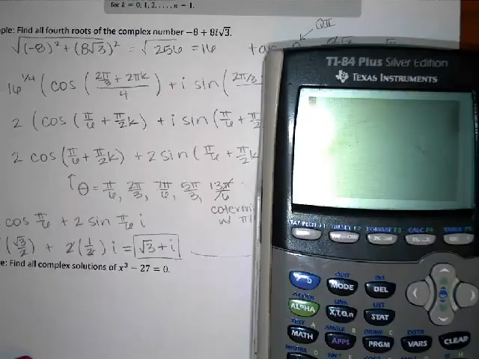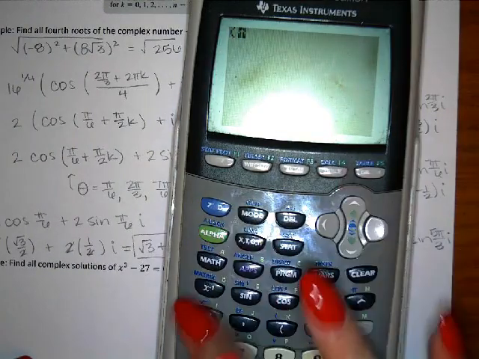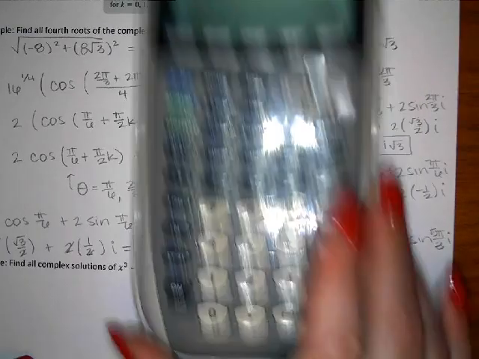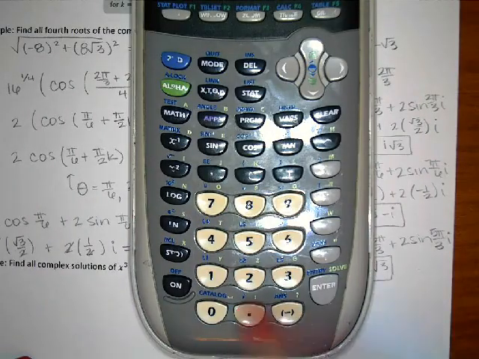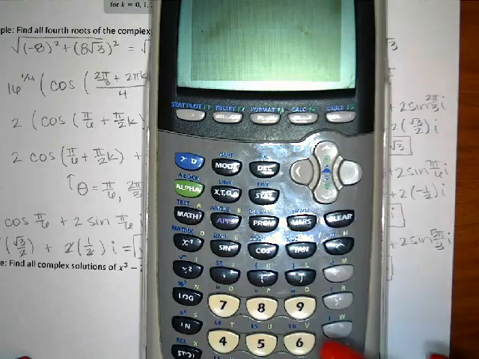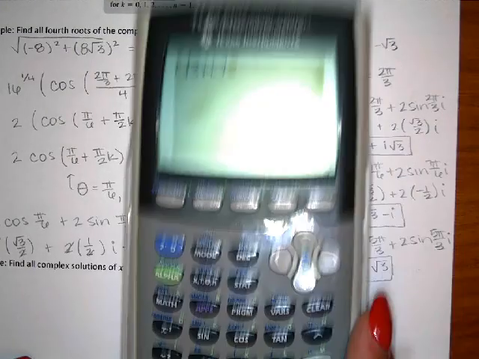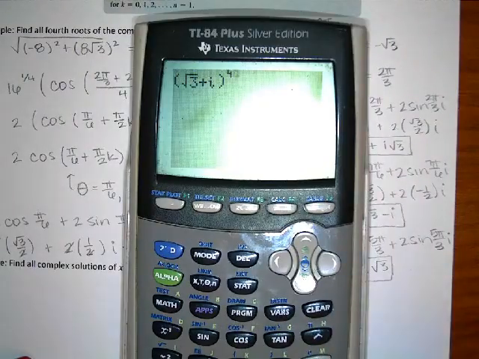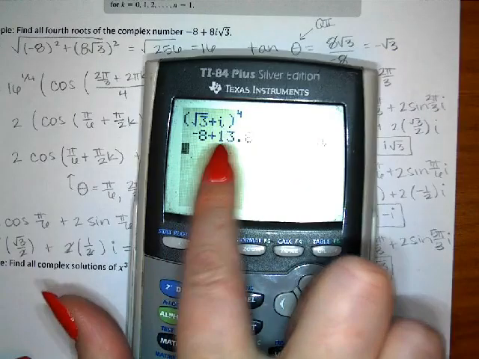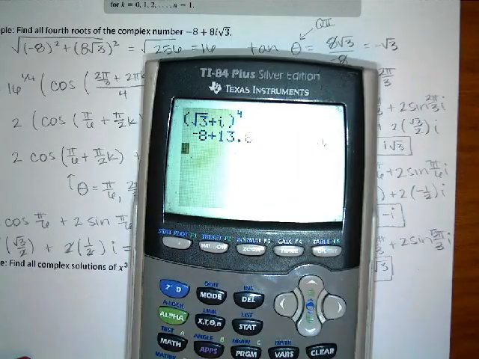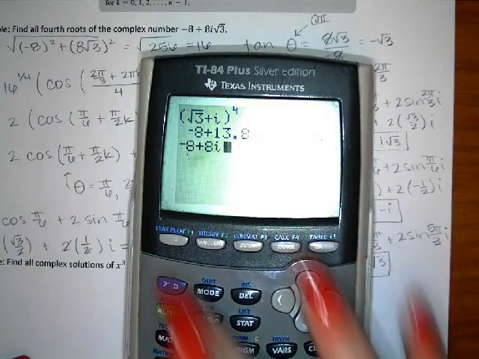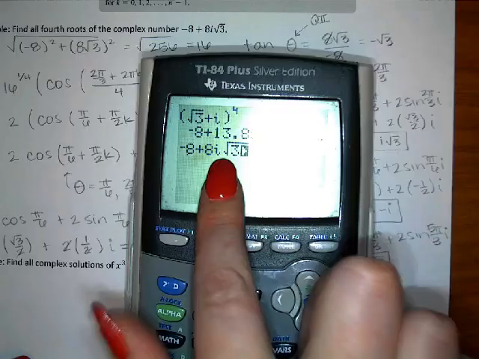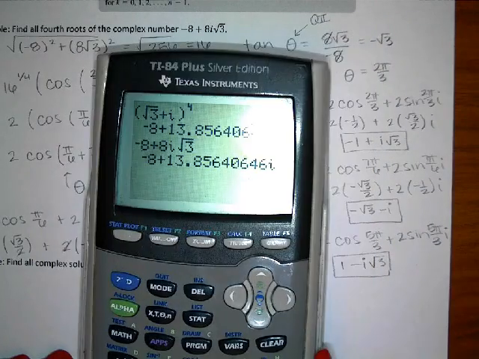So if I do square root 3 plus I, and raise this to the 4th power, I get -8 plus this number I, and if I just double check to make sure that that's -8 plus 8i square root 3, which was the original problem, you can see, yep, it was. So I can check my answers and make sure they're right, even if the calculator is not going to get the answers for me.